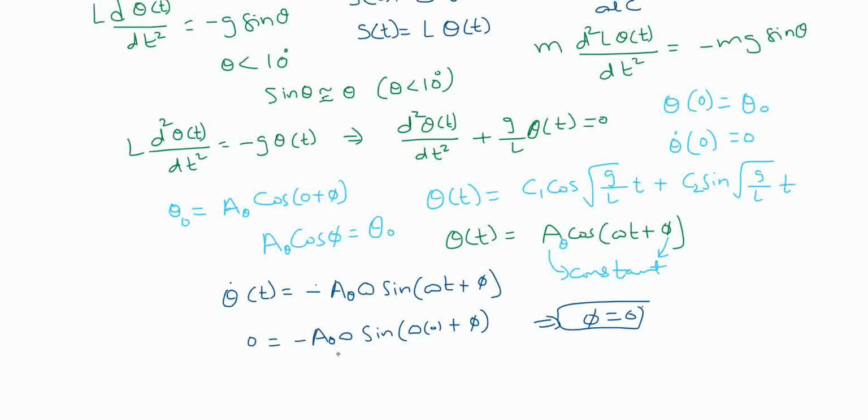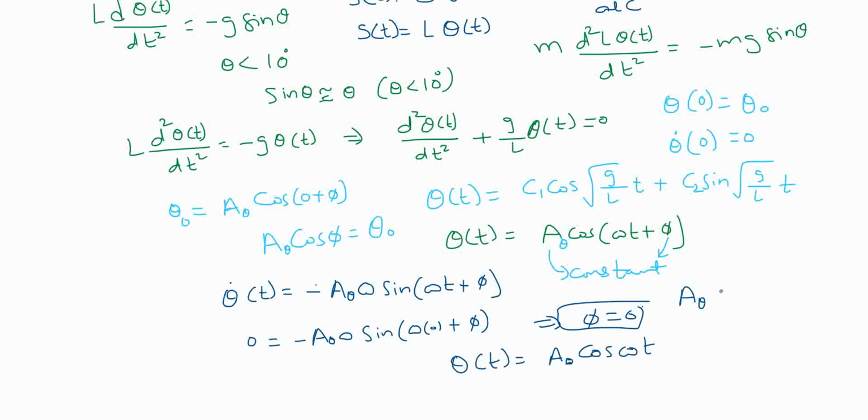So this will give us theta of t is equal to A cos omega t, and here A theta naught is equal to A theta naught cos phi.